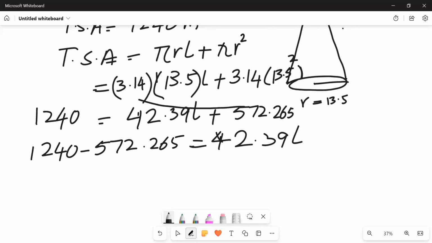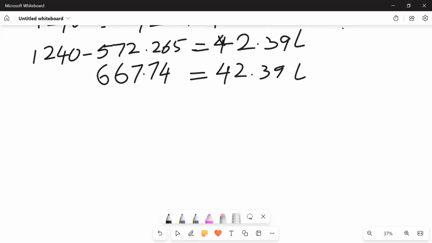Now subtract 1240 minus 572.26. This is 667.74. Then divide by 42.39.